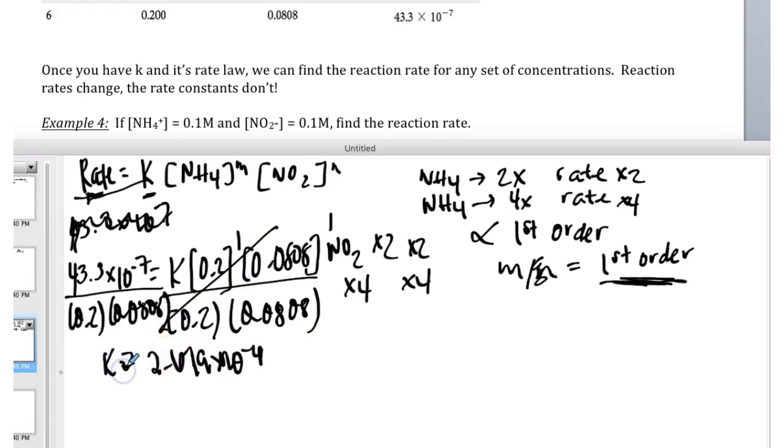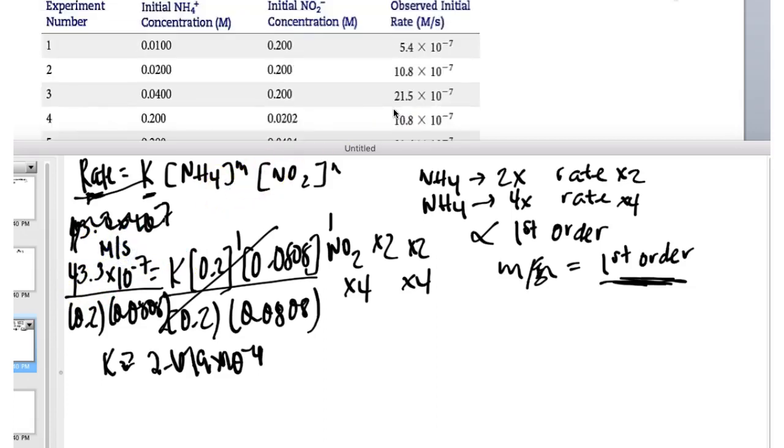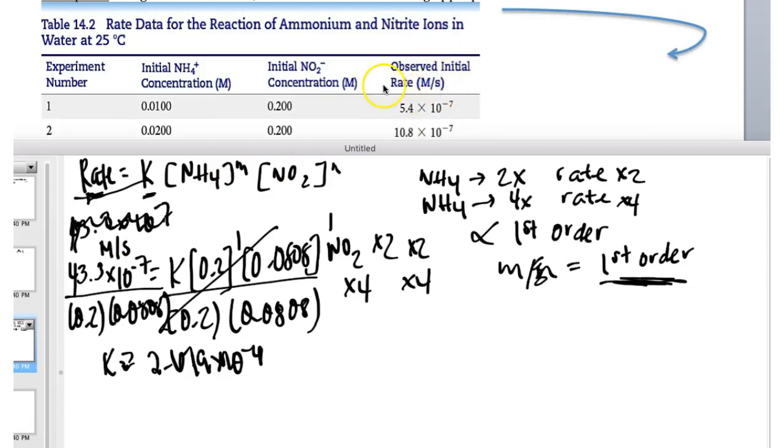Okay, in equilibrium we didn't have units. For this we do. So this is tricky because every single rate law has a different unit. It just depends what order it is. So this we know is M per second. How do I know that? Because it tells me up here that the rate is M per second.